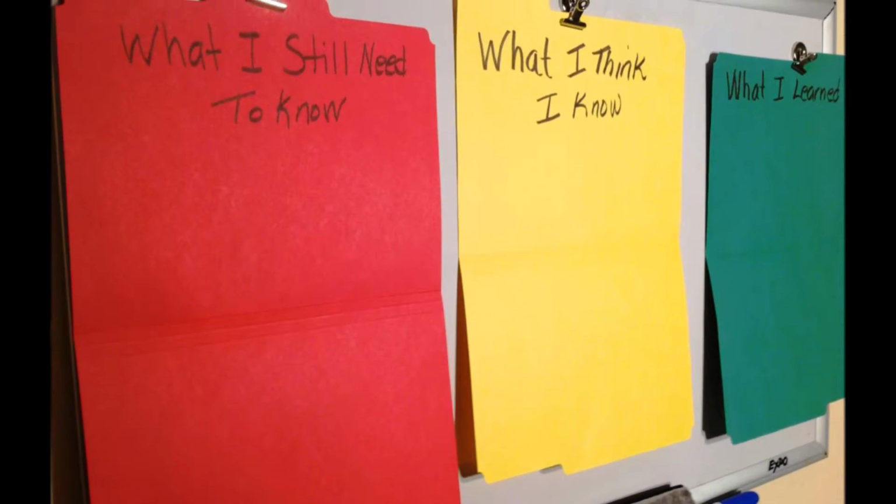I have the red, the green, and the yellow. The color zones will be used to determine how you are going to be grouped, so that I can provide further instruction based on what you know and what you don't know about main idea.